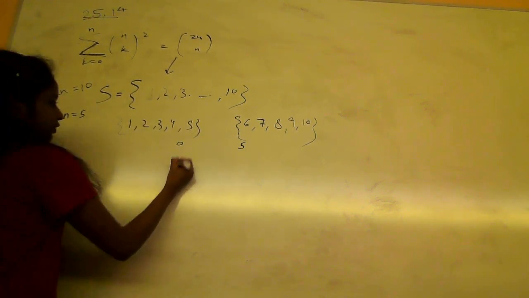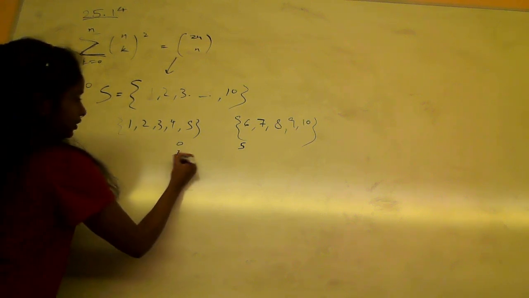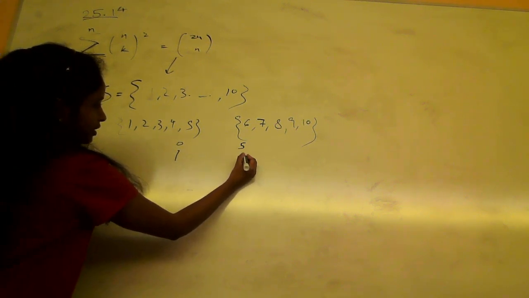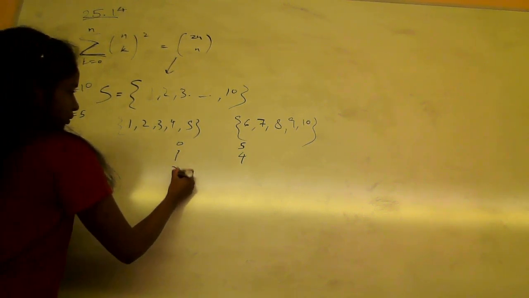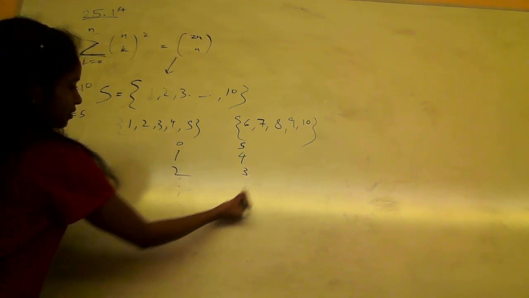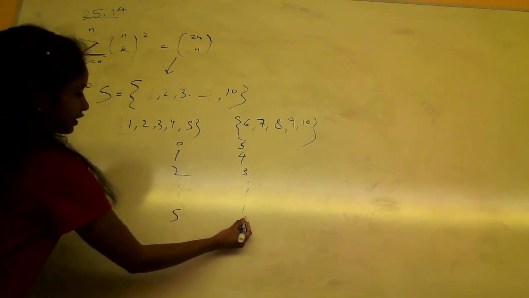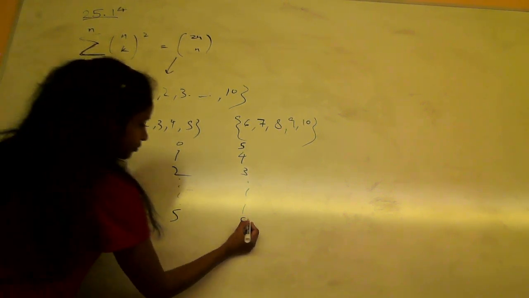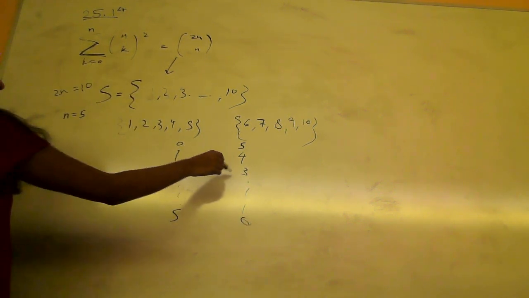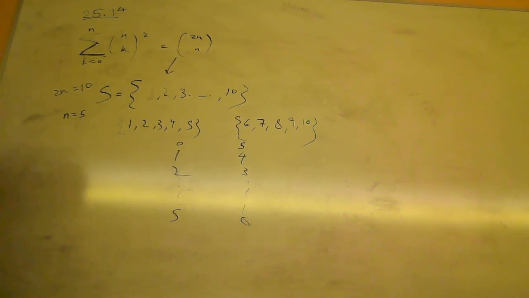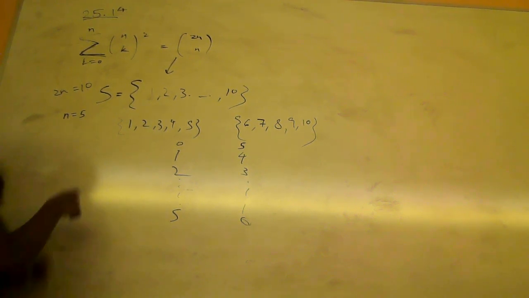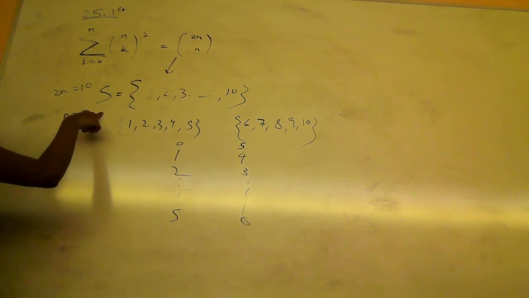We can choose 1 element from this particular set and 4 elements from this other set. We can choose 2 and 3, and then it goes on till we get to 5 and 0. So we'll be decreasing this number by 1 each time, and this number will be increasing by 1 every single time.